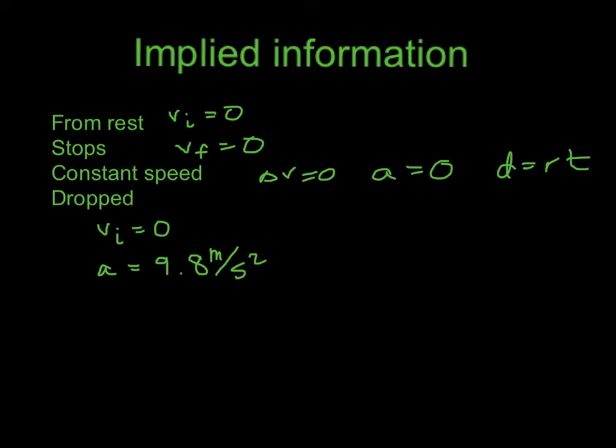I drop my ball and hey, my ball falls. Why does it fall? Because gravity's pulling on it, and the Earth's gravity is going to cause it to accelerate at 9.8 meters per second squared. So that's just to get you started there.